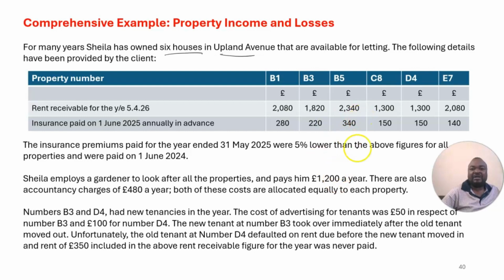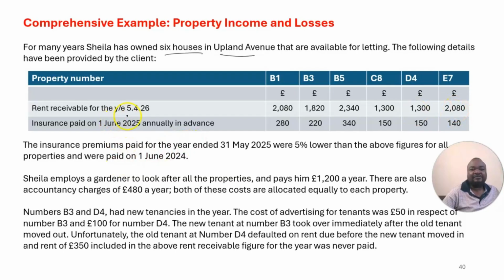That is B1, B3, B5, C8, D4, E7. Rent receivable for the year to 5 April 2026 is 2.8, 1.8, 2.3, 1.3, 1.3, 2.08.